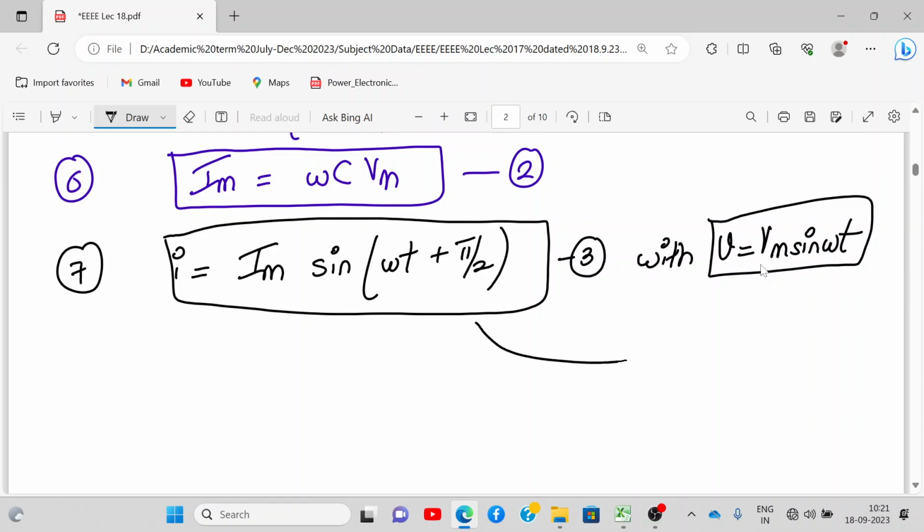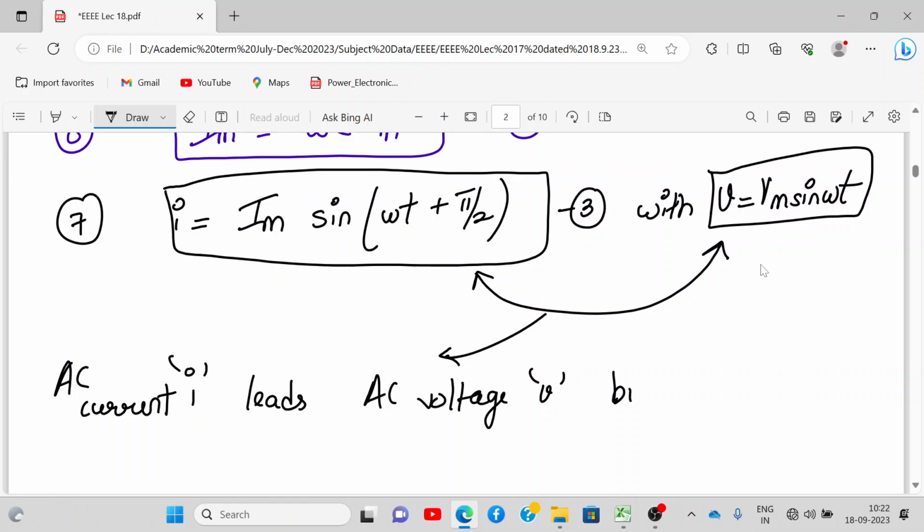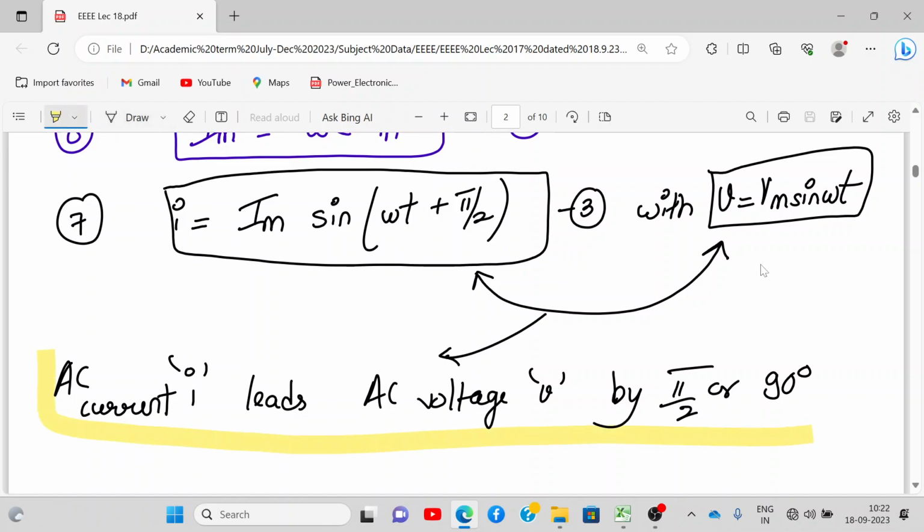From these two equations, we can say that current I, AC current I, leads AC voltage V by pi by 2 or 90 degree. Got it? This is the learning from whatever analysis we have done. In a capacitive circuit, current leads the voltage by 90 degree.